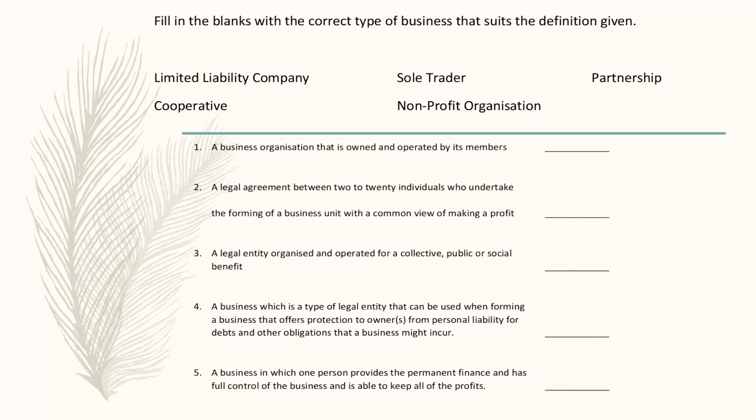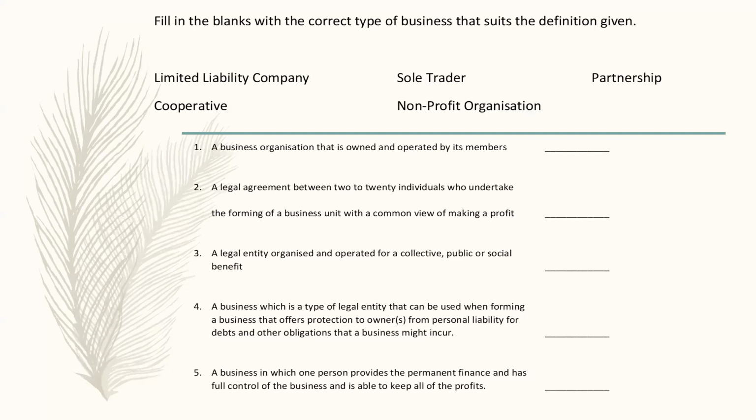Number 4, a business which is a type of legal entity that can be used when forming a business that offers protection to an owner or owners from personal liability for debts and other obligations that a business might incur. Your answer there is limited liability company. I know it's a bit lengthy there, but read it, break it down. We are talking about a legal limited liability company.